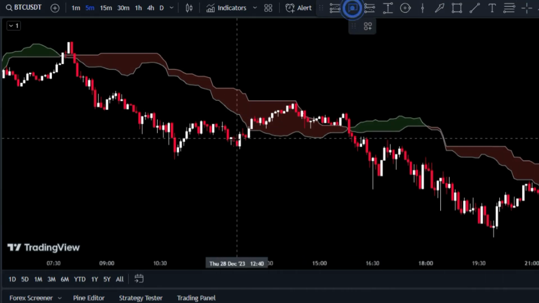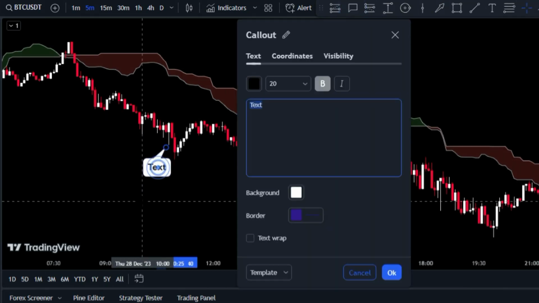Similarly, if the candles are below the Ichimoku Cloud, we identify the trend as downward and having a bearish momentum.